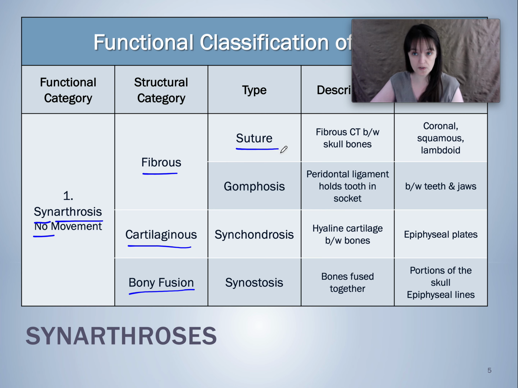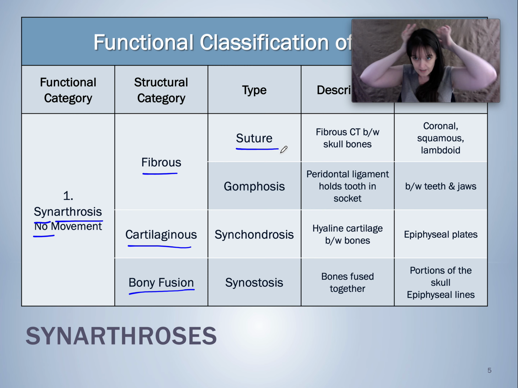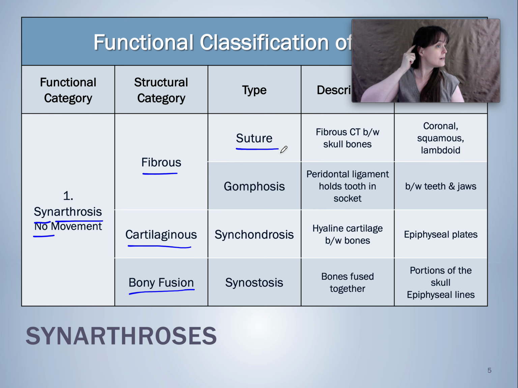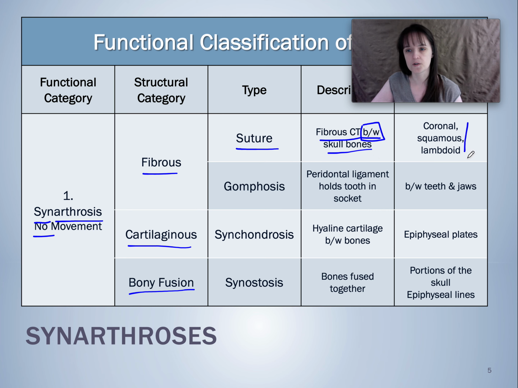You've learned the coronal, sagittal, lambdoidal, squamous suture, and the one between the 2 nasal bones and the frontal bone, frontonasal. Excellent. This is fibrous connective tissue, and the B/W here means between the skull bones, and you've learned those already.